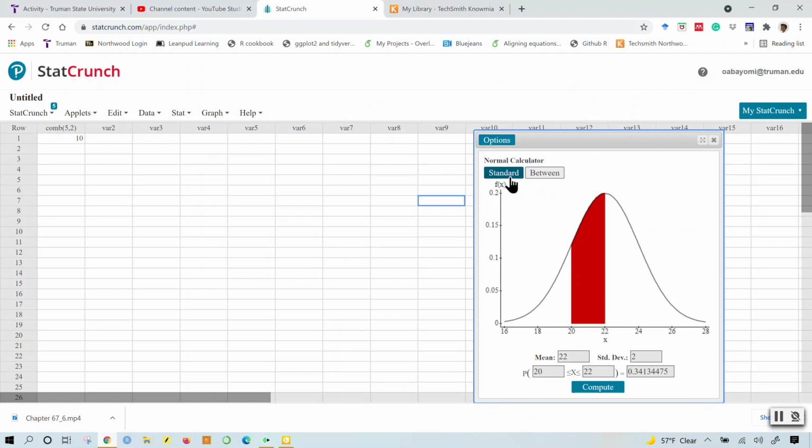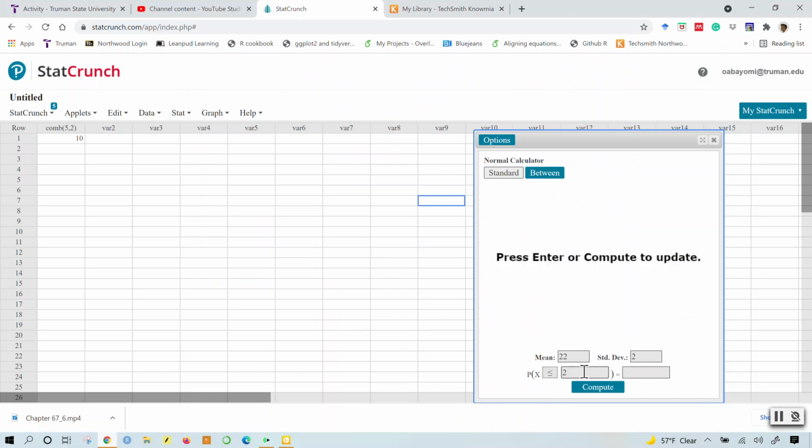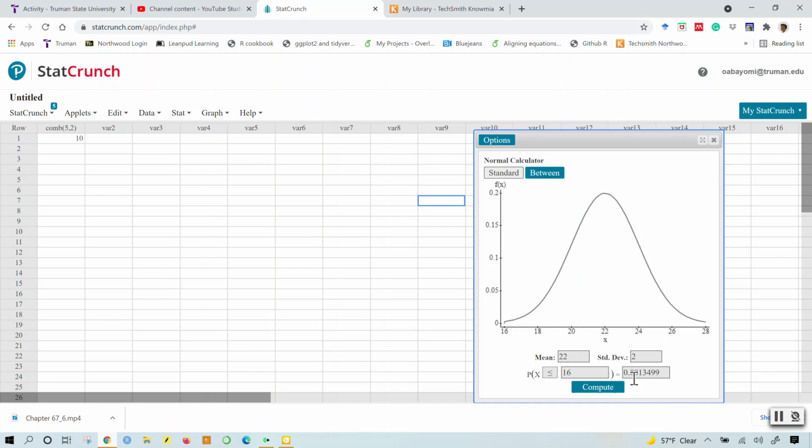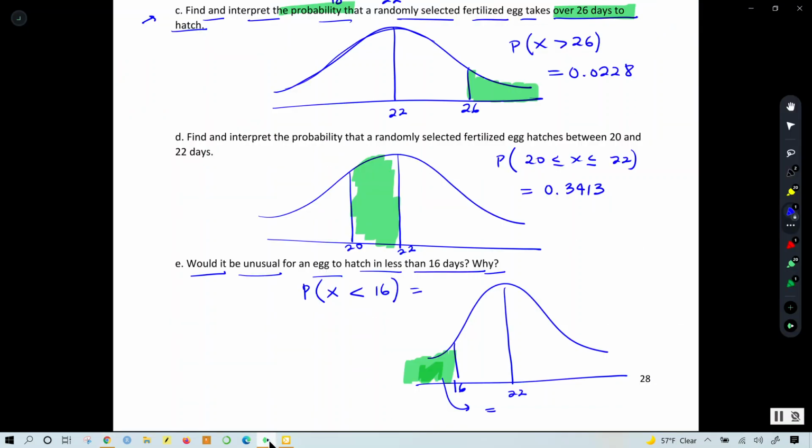I'm going to go to the standard calculator, and I want less than or equal to 16 days, and compute. This is 0.0013. This probability is less than 0.05.